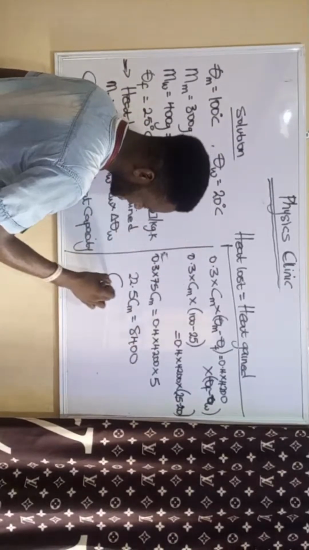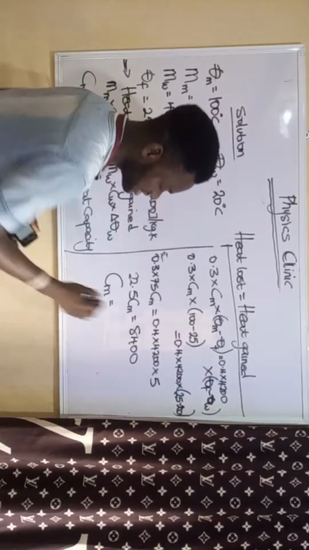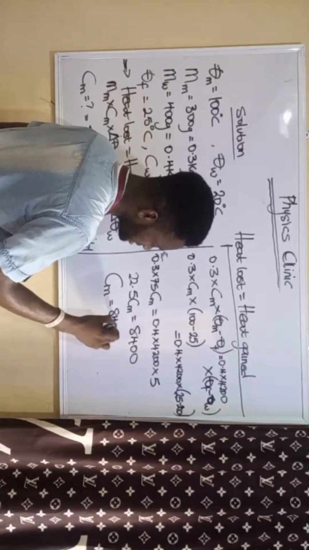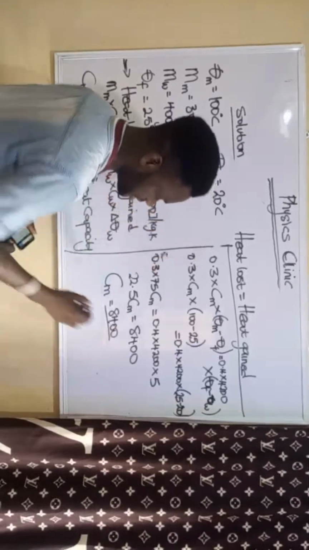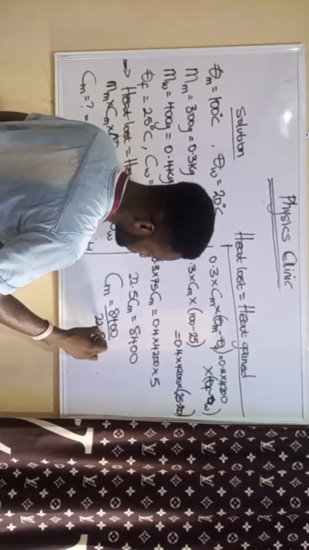So the specific heat capacity of the metal will be obtained from 8,400 divided by 22.5.